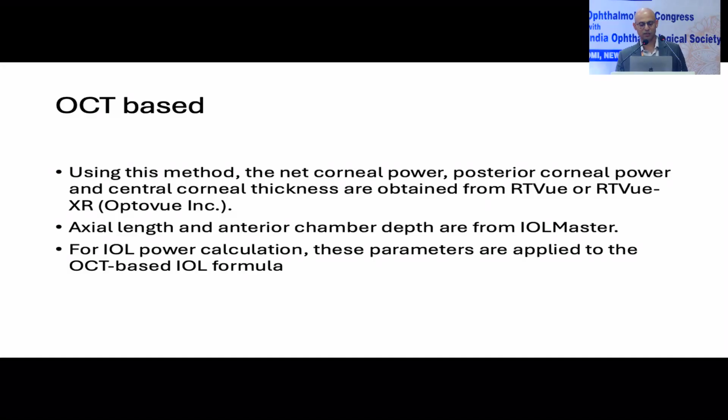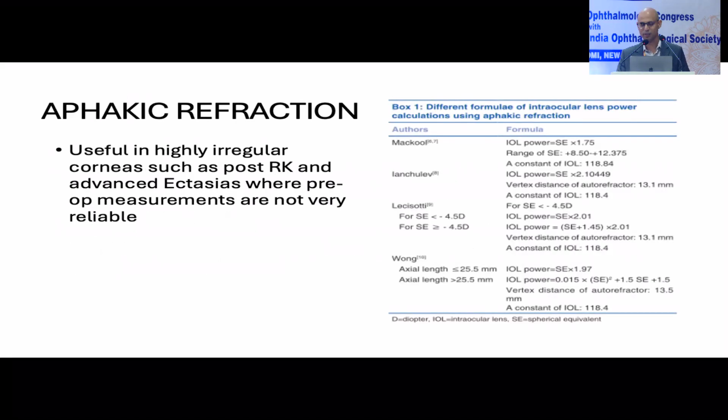Once it calculates the net corneal power, you can input it into whichever formula you want to use, and there's also an Excel sheet in which you can just input your data and it will calculate the K value to use.